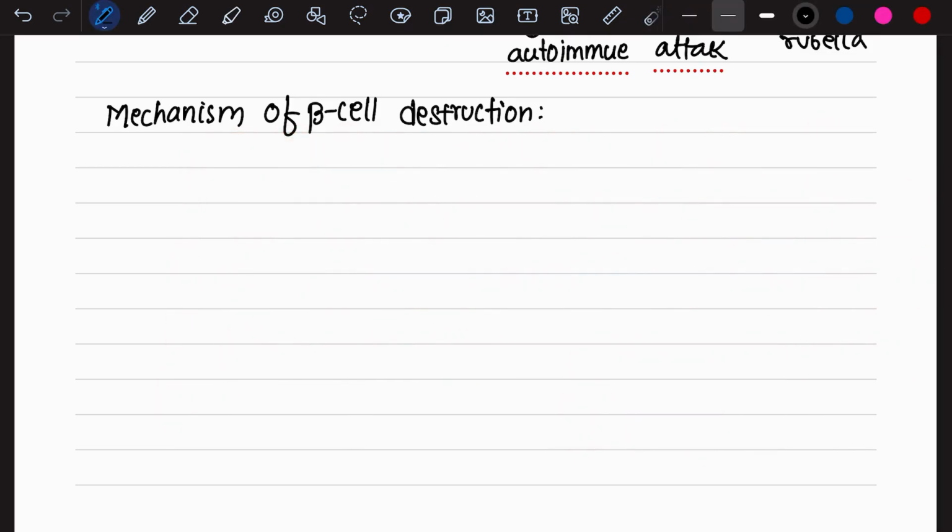Now let's talk about the stages that can occur in type 1 diabetes.